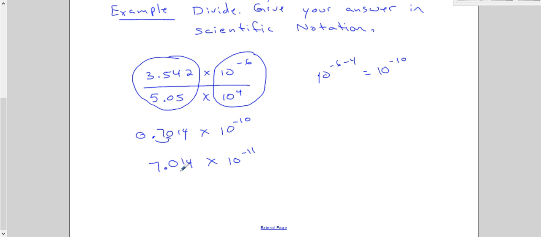Right now, this is the bigger number. I need to make that smaller to accommodate for that change. Okay, because that negative 1 is going to make that smaller by 1 place value, which would then bring that over to get back to where we had it before. Okay, hopefully that makes sense. If not, just make sure you ask in class. So we get 7.014 times 10 to the negative 11. And that's it for day 2.